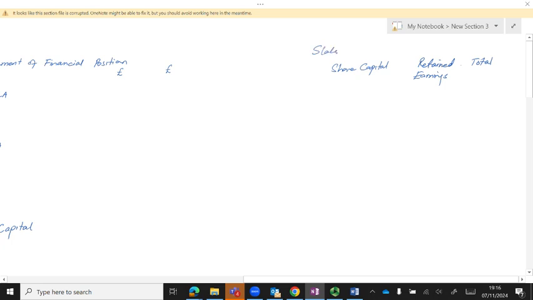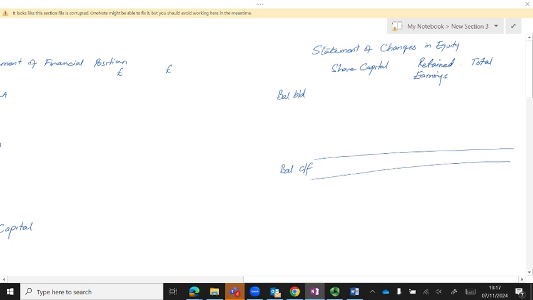Statement of changes in equity. Balance brought down, balance carried forward. And my format is ready.